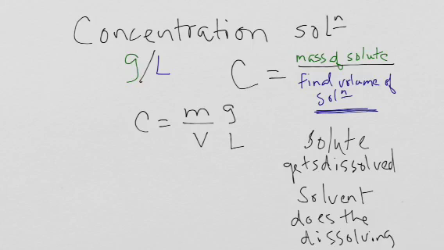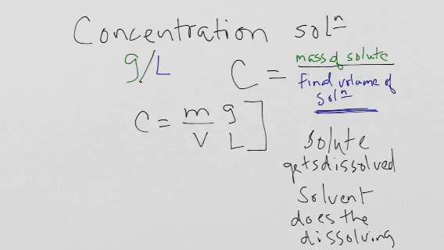So the trick here is, if I don't want you to make a liter of solution, if I only want you to make 100 milliliters or 50 milliliters or something, you're going to have to take that milliliter amount and convert it to liters, because the formula requires that mass be measured in grams and the final volume of solution be measured in liters.